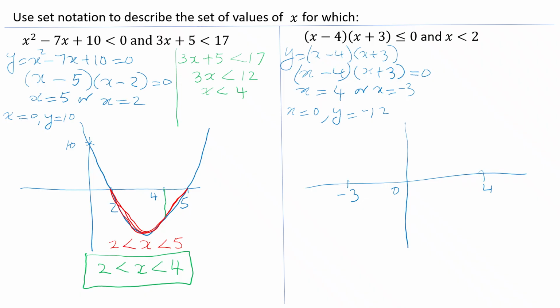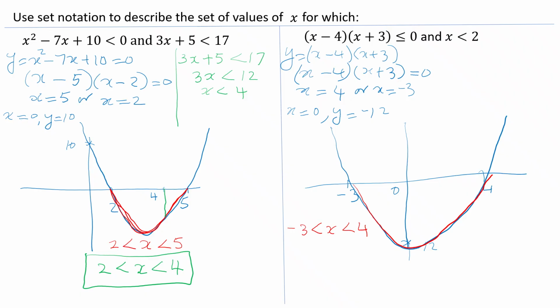When x equals 0, y equals minus 12. This is minus 12. Let's get the graph. So first inequality, less than or equal to 0. This one, less than or equal to 0. So minus 3 less than x less than 4. This is the first one.